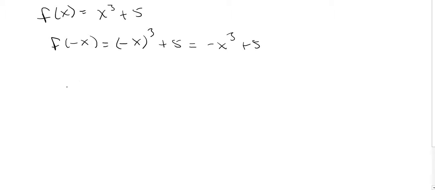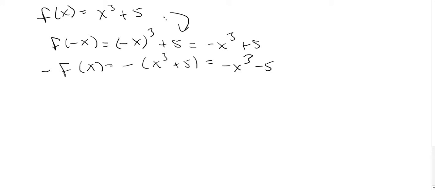They are not even. So if I look at negative f of x, then that's negative x cubed plus 5, which is negative x cubed minus 5. And so these two don't match either. This is not odd.